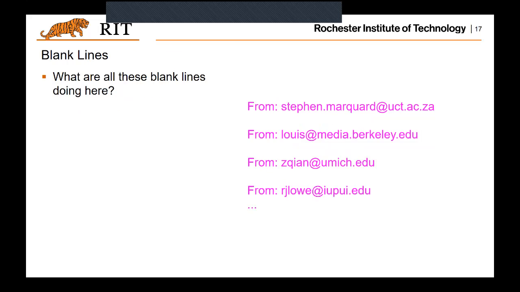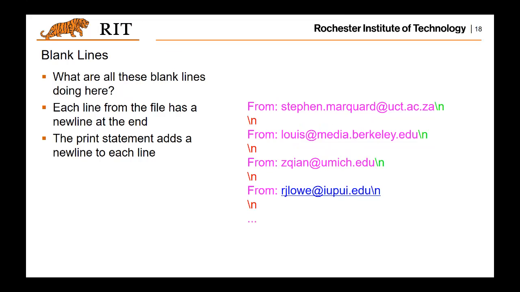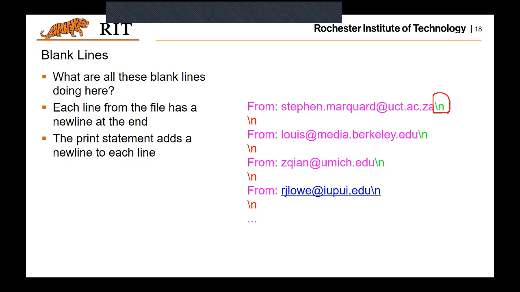But sometimes there are blank lines like the one showing here. So what are we going to do with these blank lines? Will this bring trouble to us? Let's look at it. Each line from a file has a new line at the end. That means you have this new line as well.